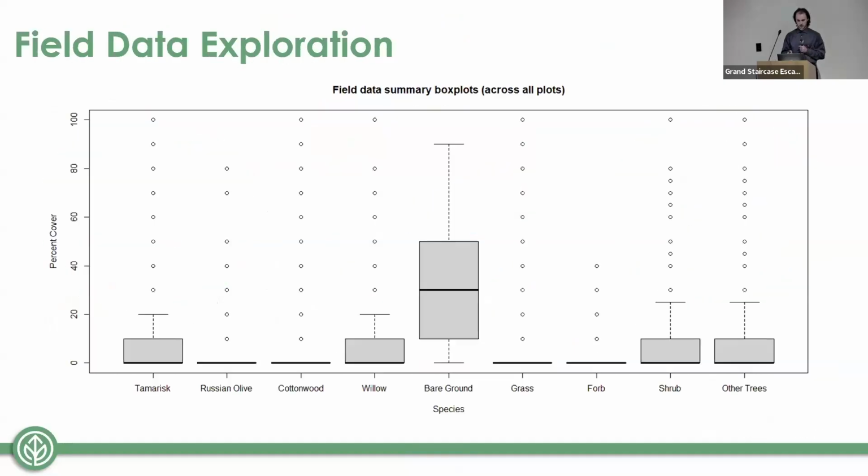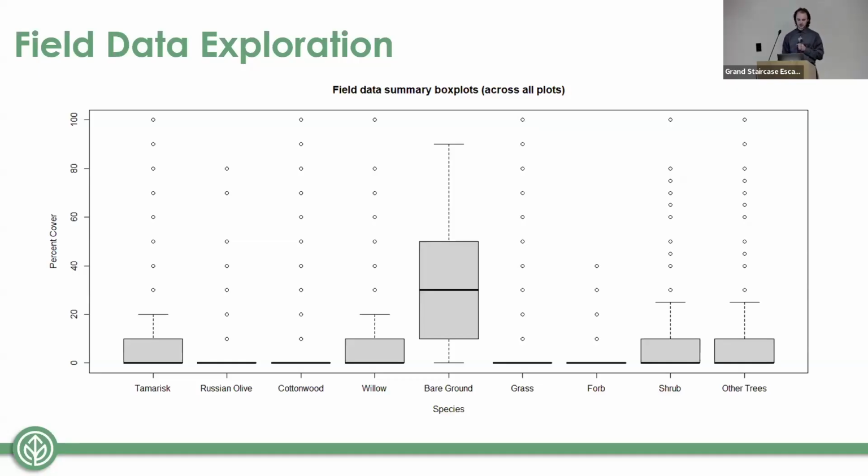Oh, too far. And then just one more quick plot showing the distribution of that data. So a lot of just bare ground in here, but it also shows what kind of data we were working with for some of our models in the invasive species detection points. One thing I will point out here is the very few points of Russian olive that we got.